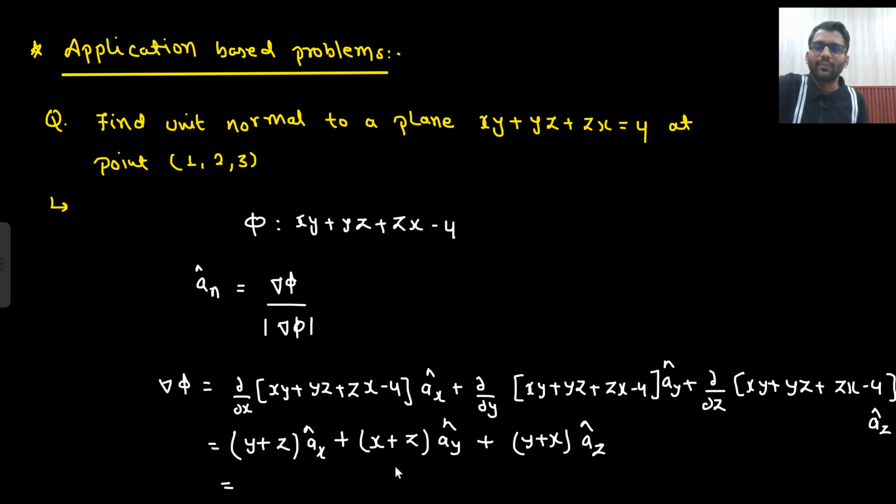So what will be the value? 1, 2, 3 they have written. So 2 plus 3 is 5, 1 plus 3 is 4, plus y plus x is 3. So 1 plus 2, 1 plus 3 and 2 plus 3. Okay, this is actually z.